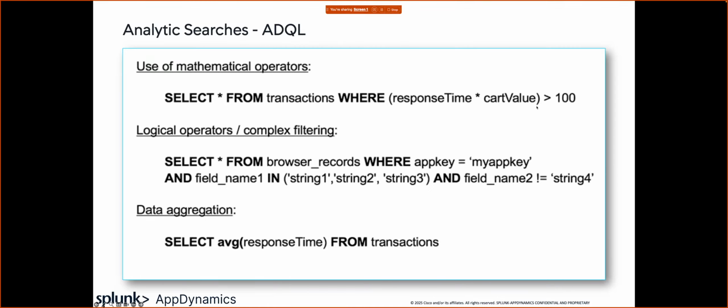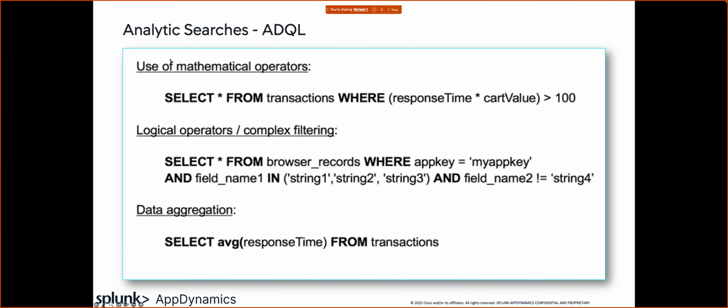The cart value might be a money value, so they only want to prioritize the analytics search to look at what is over $100 for this cart value. I want to know the response time, and I want to know the correlation here.